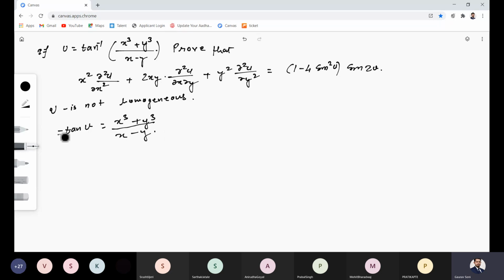So I'll call this z. So z is equal to f of u, which is homogeneous of degree 2.